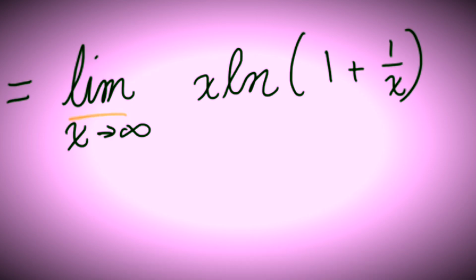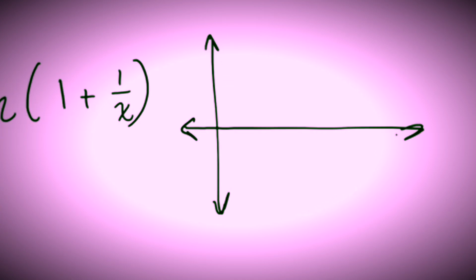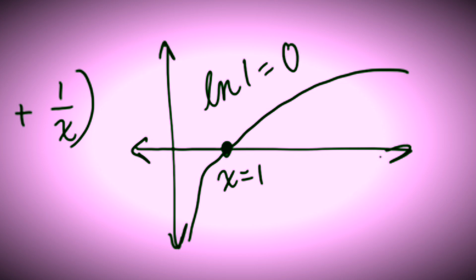So when x approaches infinity, this part of the problem is obviously going to approach infinity. You should also have the natural log graph in mind. If you don't know it, you should have this cemented in your brain: when someone says natural log graph, you should pull this out. You know that when x equals 1, natural log of 1 equals 0.